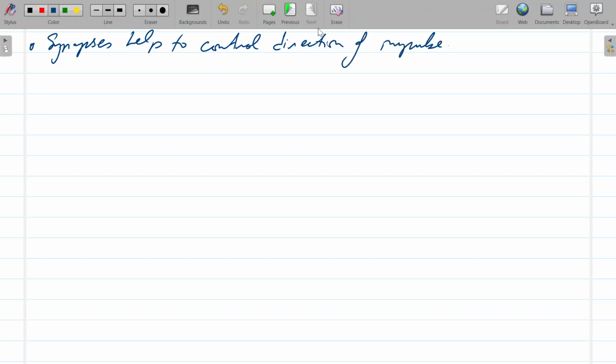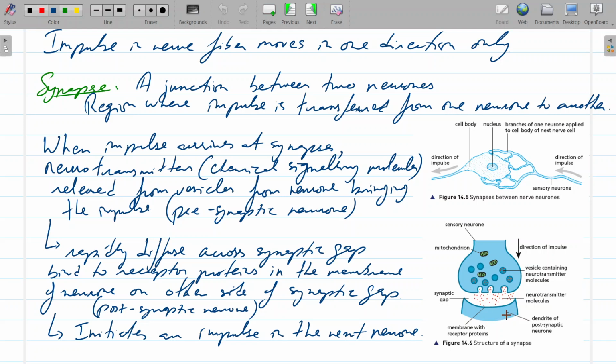So we already talked about the fact that impulses can only travel in one direction. So what? Synapses help to control the direction of the impulse. Why?